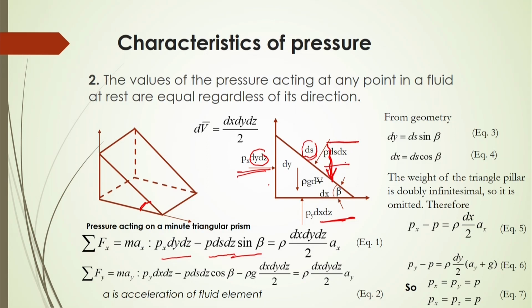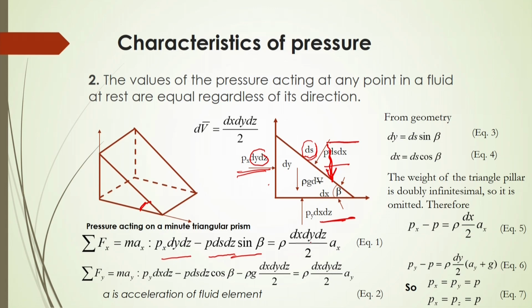It will be minus, because from the bottom the force will be P y into dx dz, in the positive y direction, and in the negative y direction it will be equal to P ds dx into sin beta. That will be equal to mass times the acceleration in the x direction.